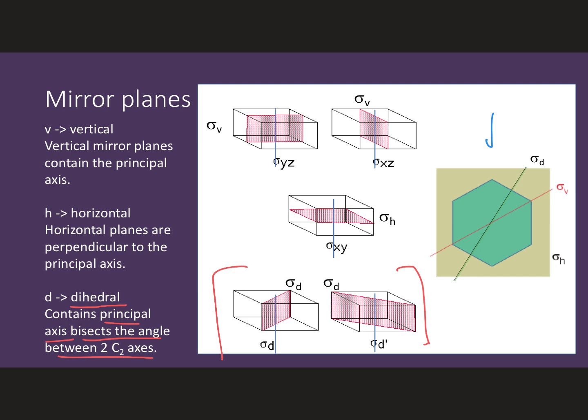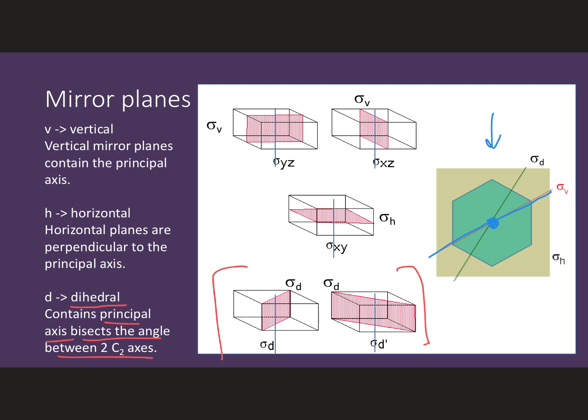So let's look at something that has hexagonal symmetry here. So our principal axis is down. We're looking down that principal axis now. If we look at this molecule, here we have a sigma V plane.